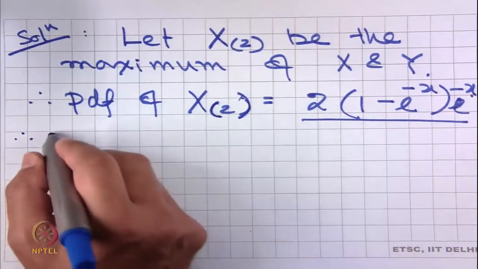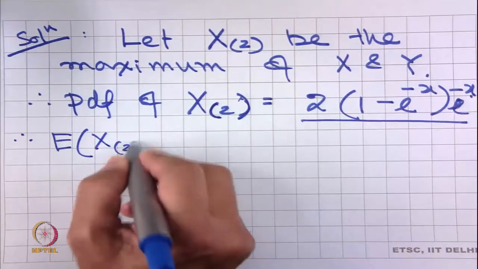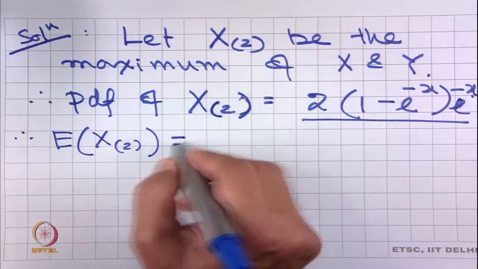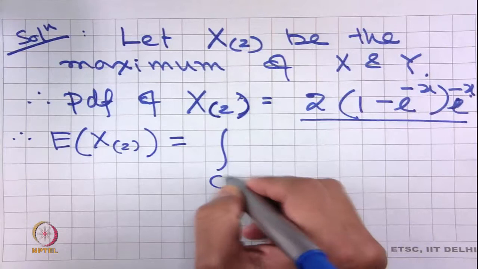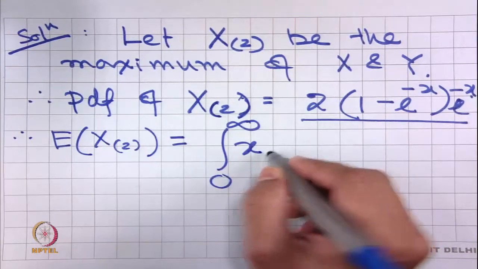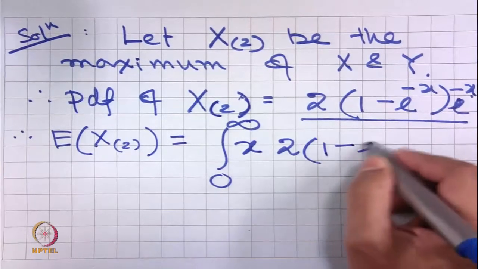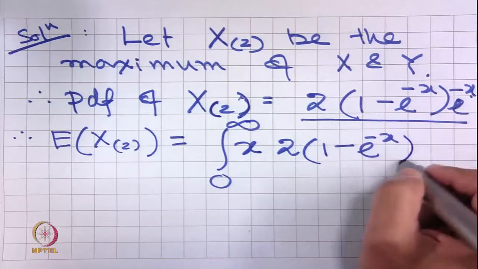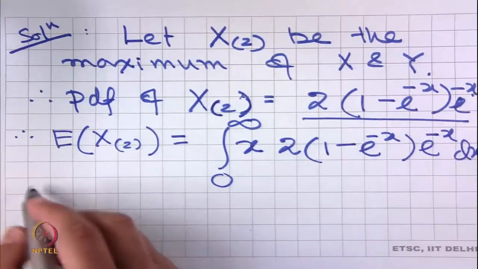Therefore, expected value of the maximum is equal to integration 0 to infinity x into 2 into 1 minus e to the power minus x into e to the power minus x dx.